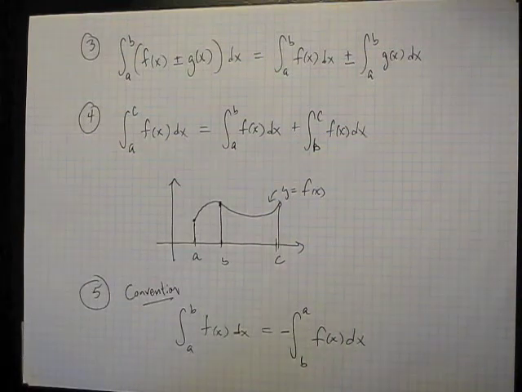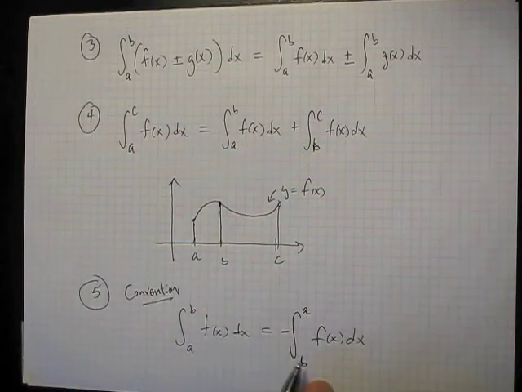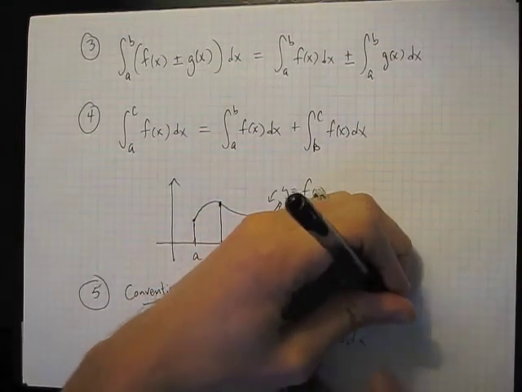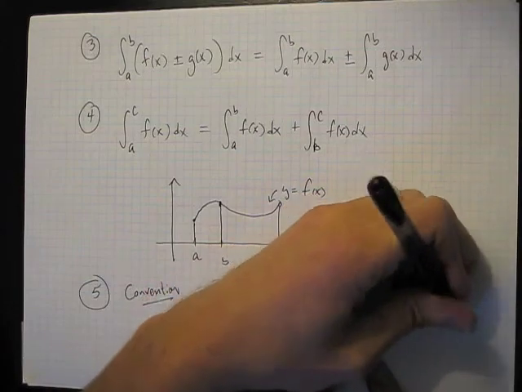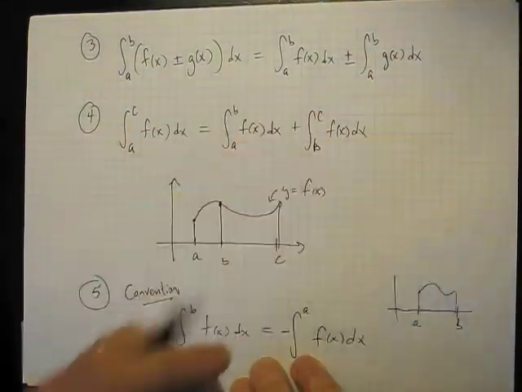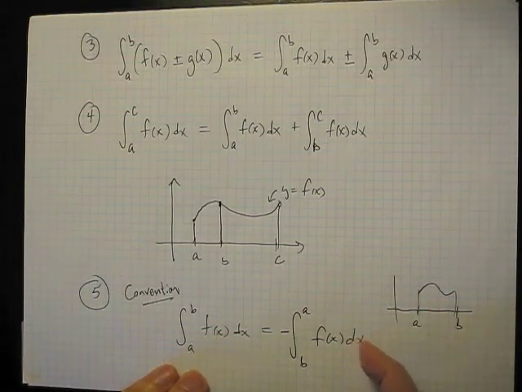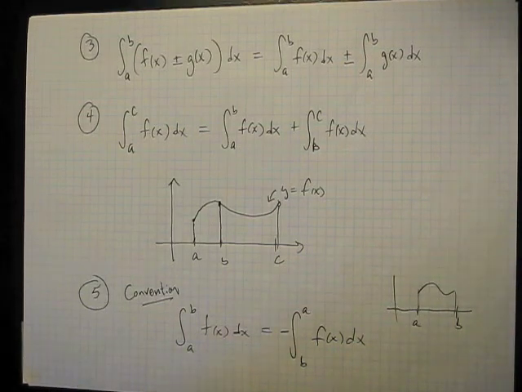Okay, this is just a convention. It's sort of like going backwards versus going forwards. Like here, if a is less than b, then this integral captures the area. But if you go backwards instead of going forwards, then it's sort of like we count that as negative area. Okay, so this is just a conventional rule.